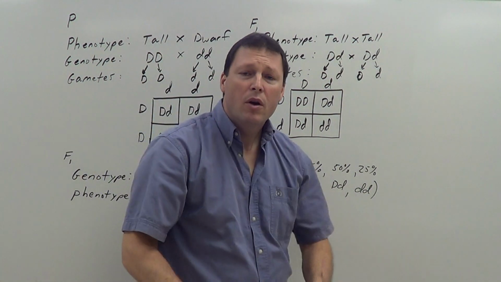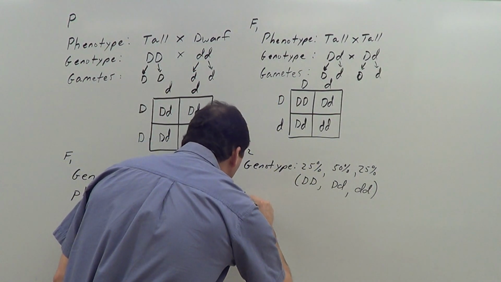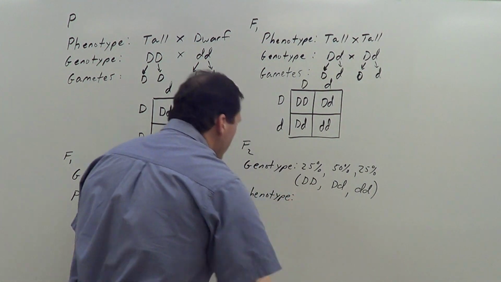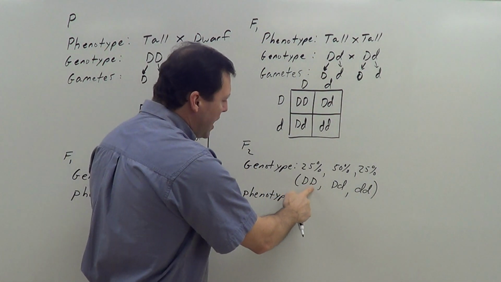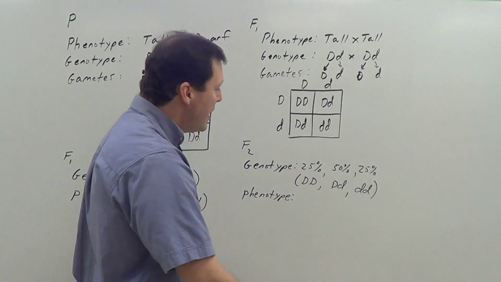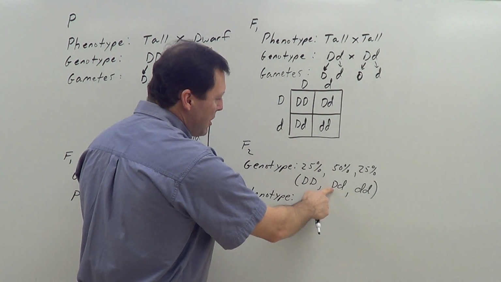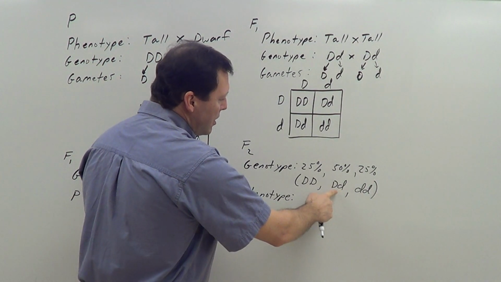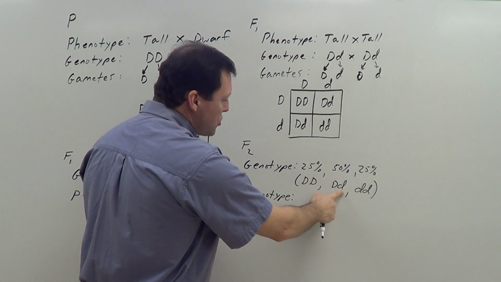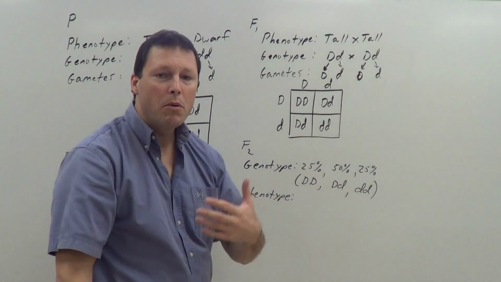Now what phenotypes would I get from these genotypes? So I'm going to write phenotype. Now it turns out that a capital D is going to give me a tall pea plant. And also capital D lowercase d, because the capital D is dominant to the lowercase d. The tall gene is dominant to the dwarf gene. So again, this genotype right here would also give me a tall pea plant.